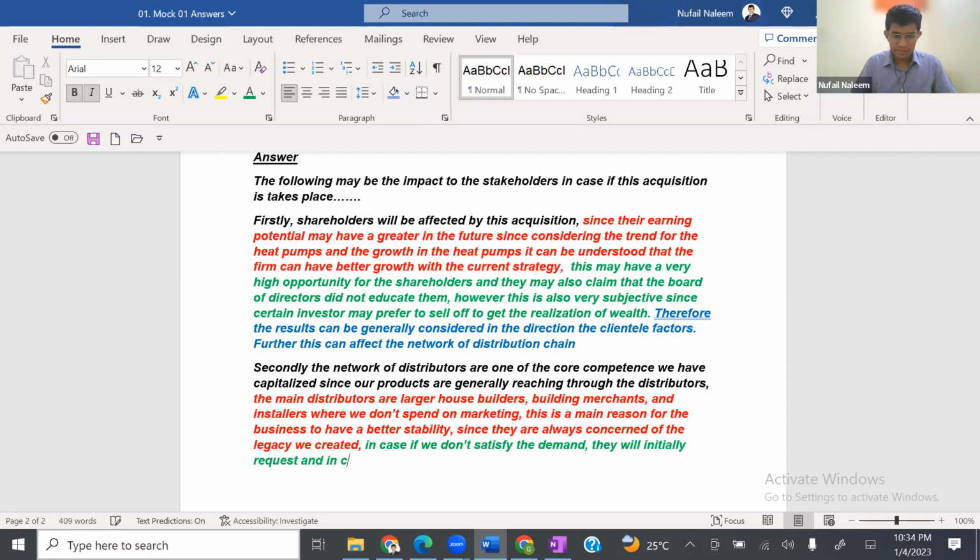And in case if Nolan gas is only supplying gas boiler, they may shift to the competitors. Correct, no, students? In simple language, that is the flow. Agree, no, students, if I'm not mistaken.